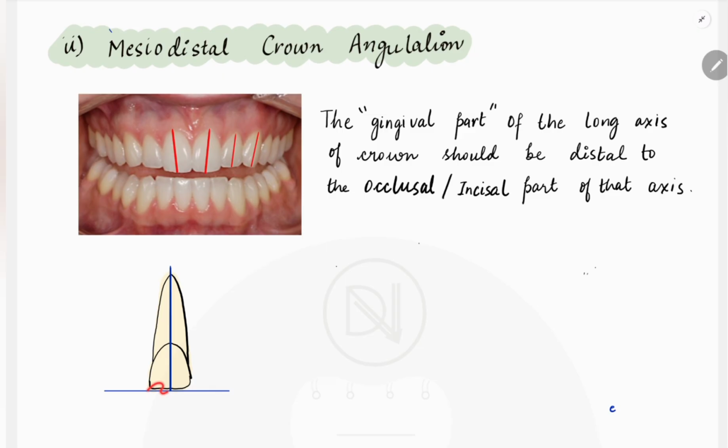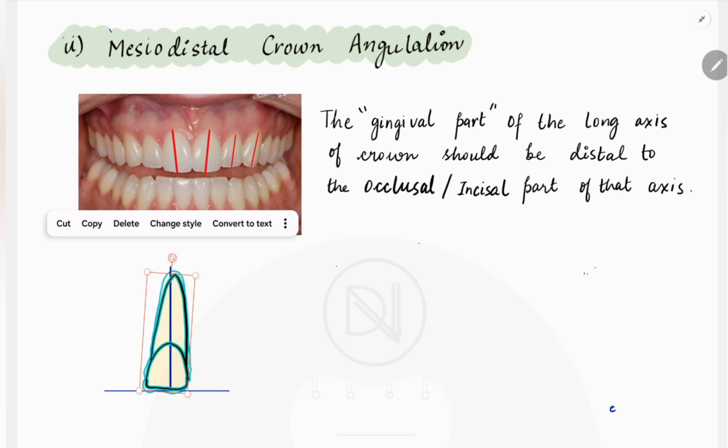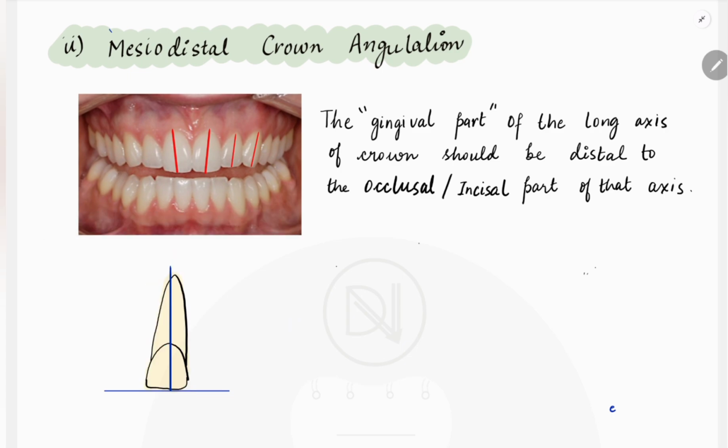The crown should be angulated mesiodistally in such a way that the gingival portion comes towards the distal side of the long axis of the tooth. Right now it is at 90 degrees to the long axis of the tooth, but according to the ideal occlusion, the tooth should be slightly angulated. The mesiodistal crown should be slightly angulated towards the distal side in such a way that the gingival portion lies on the distal side of the occlusal or incisal part of the long axis. So here you can see this is slightly distal to it.